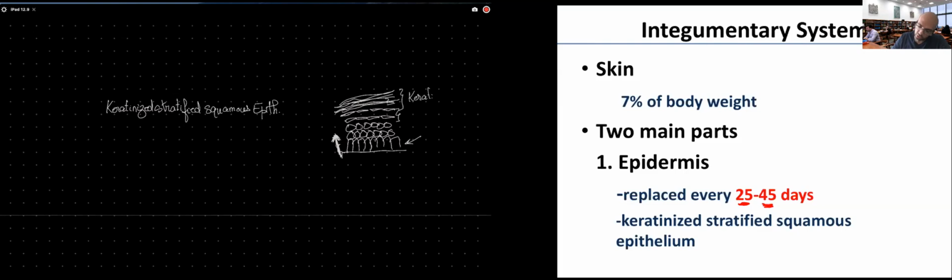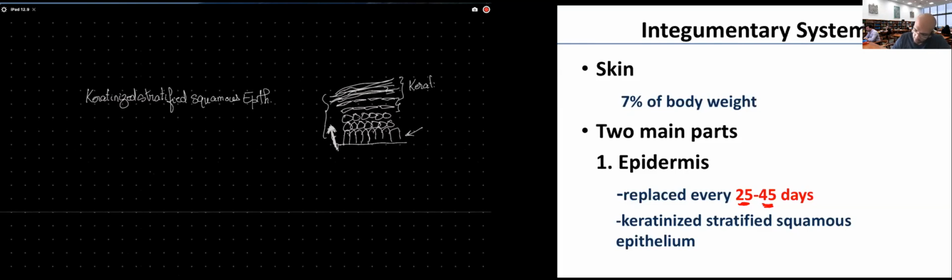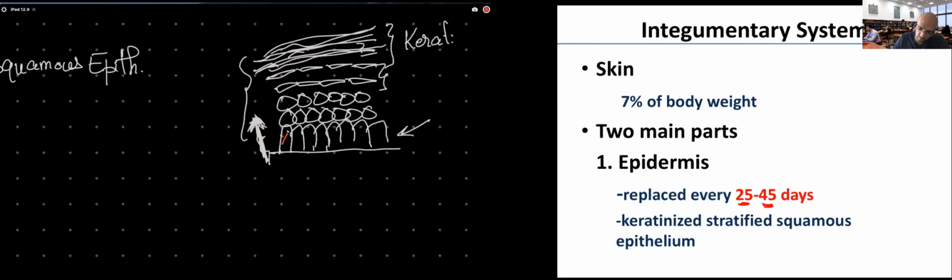So the cells here at the base are going to be getting older and they will die within 25 to 45 days. That's why the epidermis gets replaced each month.